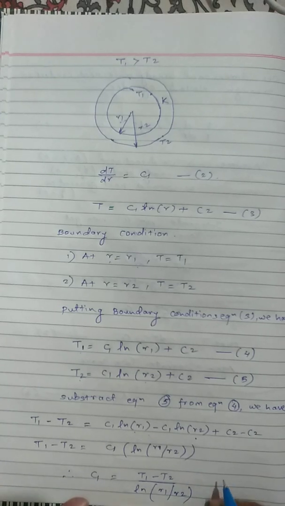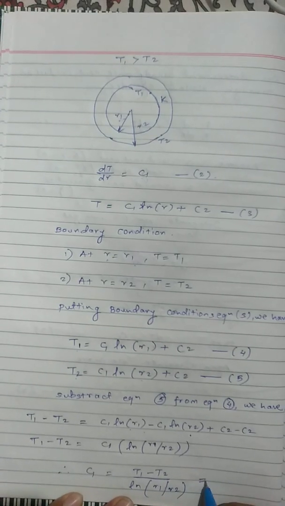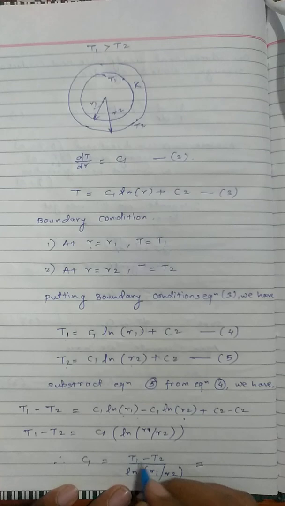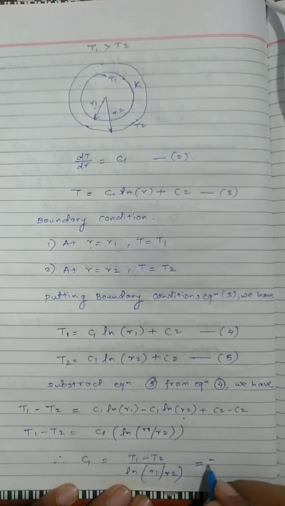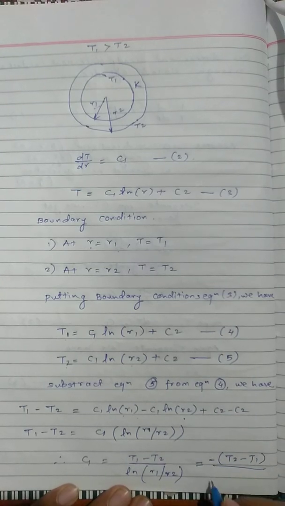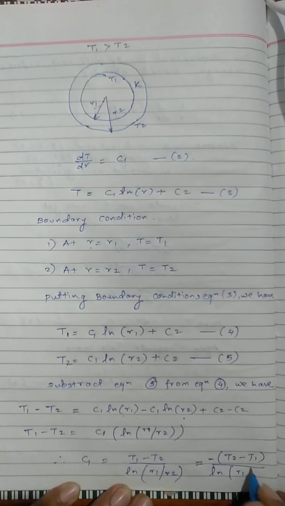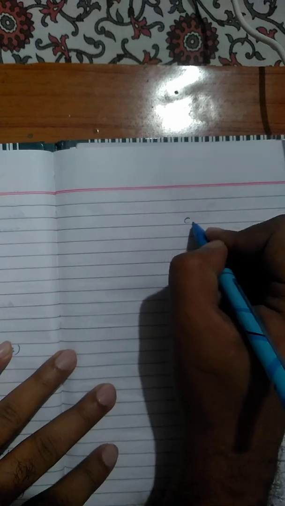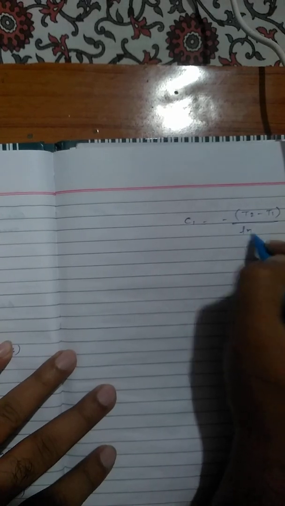The same thing we can do: we can take a negative sign common. So we have T2 minus T1 divided by ln of R1 by R2. Why are we doing it? Let's understand. C1 equal to minus, I am writing it again, T2 minus T1 divided by ln of R1 by R2.